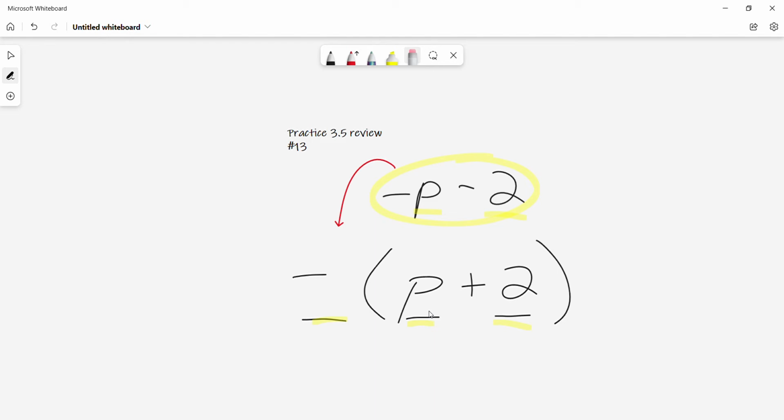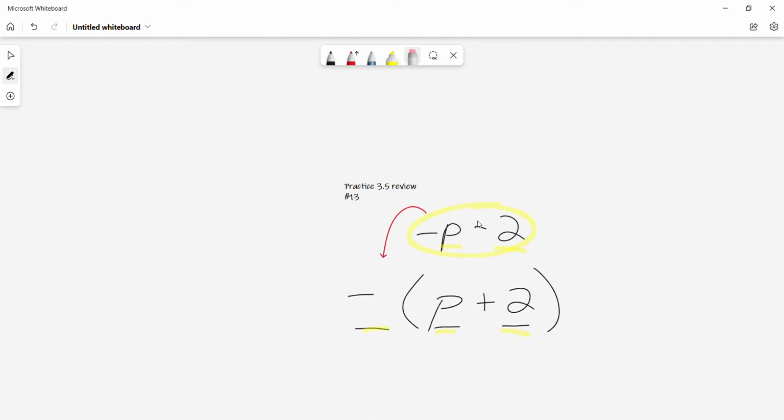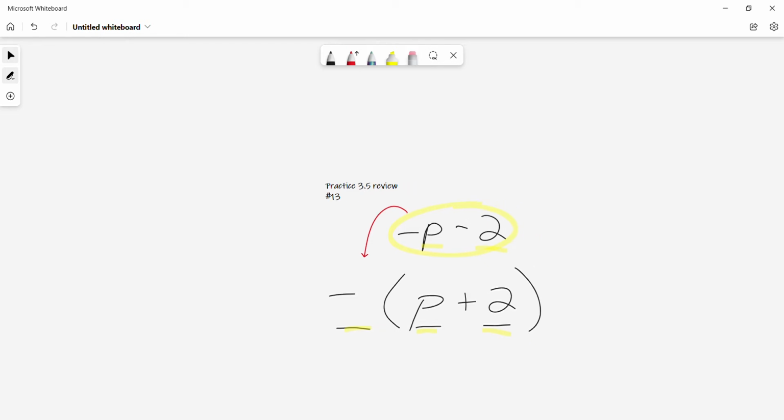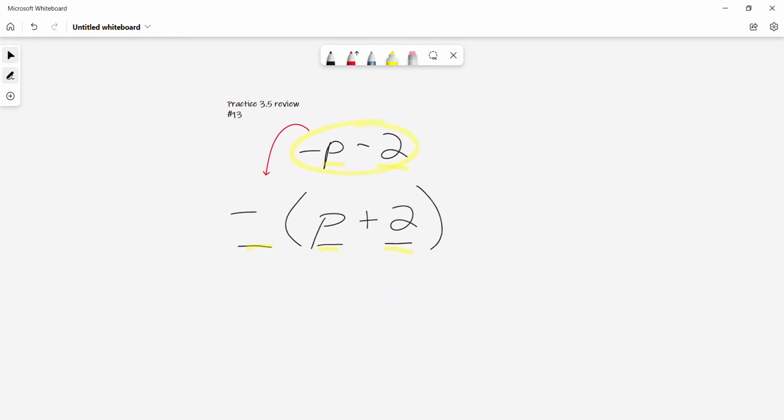Let's try another one. They changed my whiteboard app on me, so now I don't have my tools. There it is. Okay. All right, let's try this again. I want to do another problem.